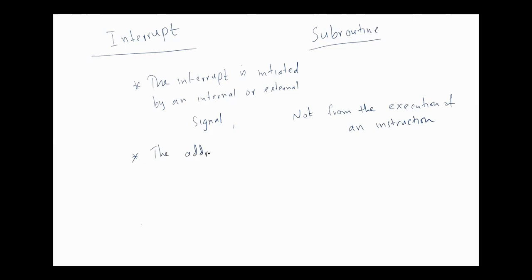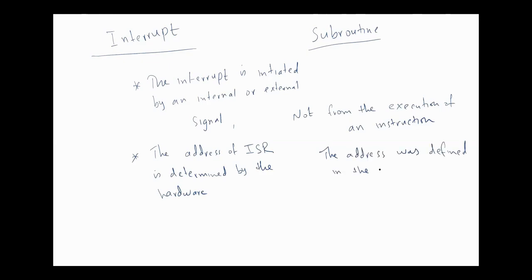The address of the interrupt program or interrupt service routine is determined by the hardware. In subroutine, the address was defined in the instruction. For example, call subroutine 1, the name of the subroutine.